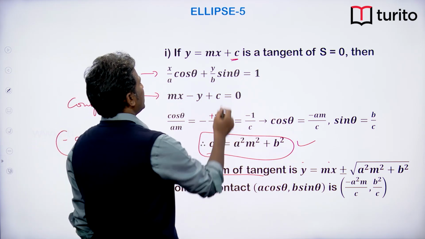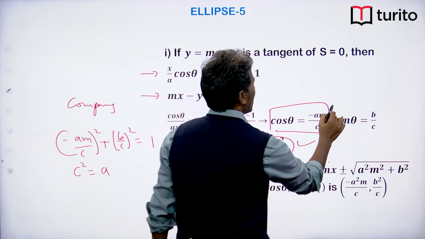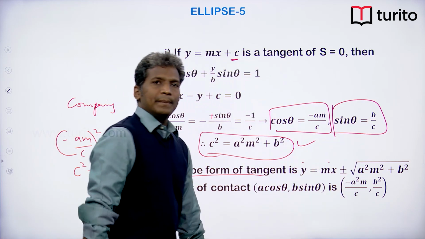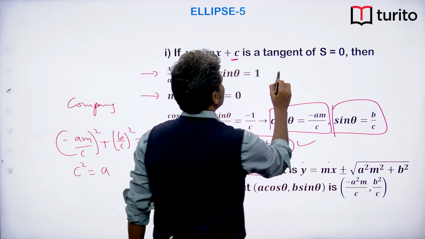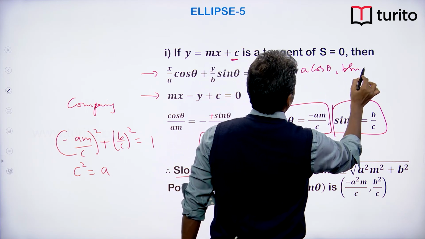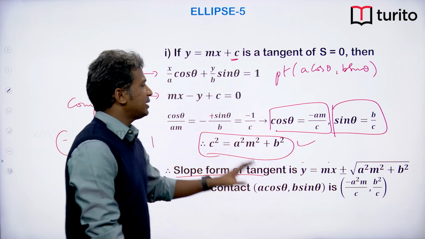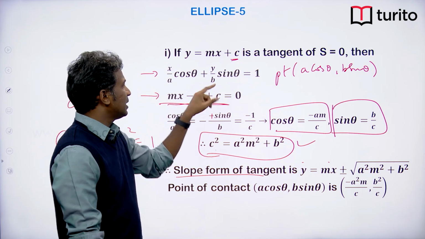Now, starting from this, because we got cos theta as this and sin theta as this, and we know that the point at which this line is a tangent is a cos theta comma b sin theta, we can find the point at which this line is tangent directly by using m and c.